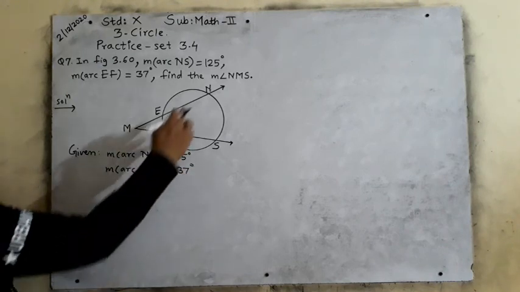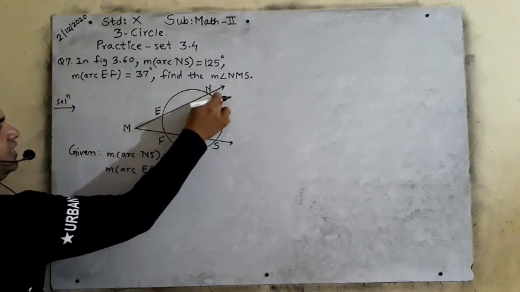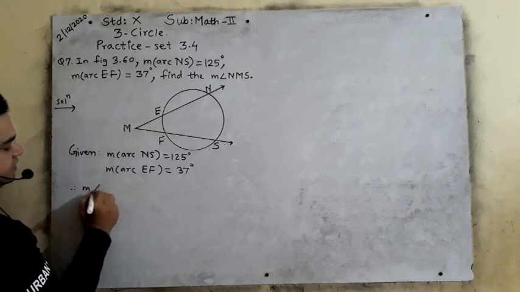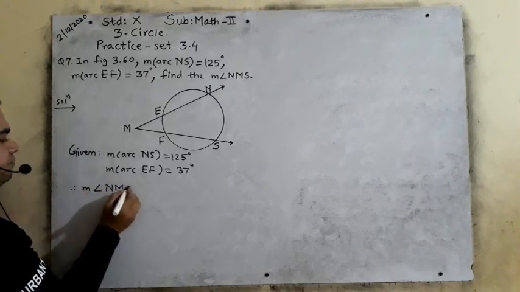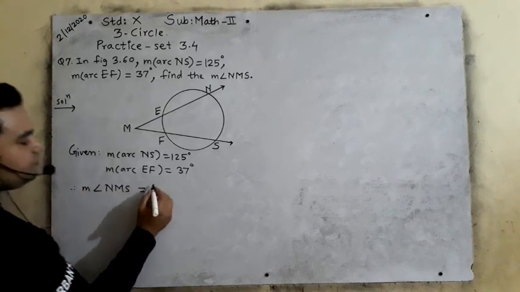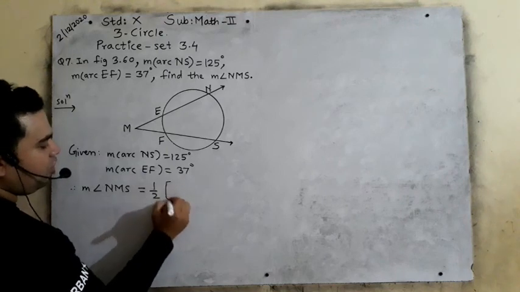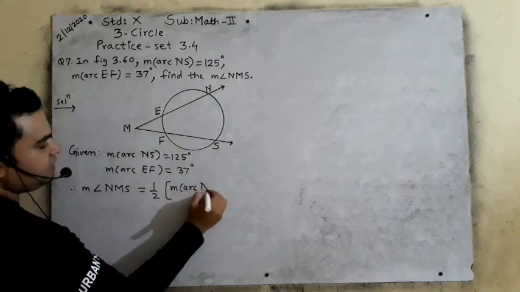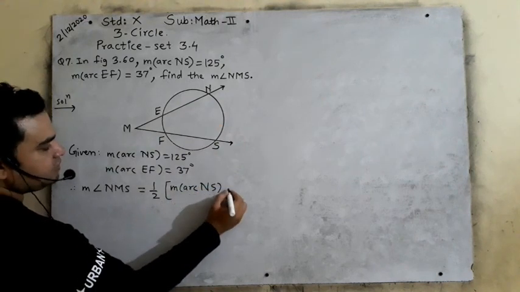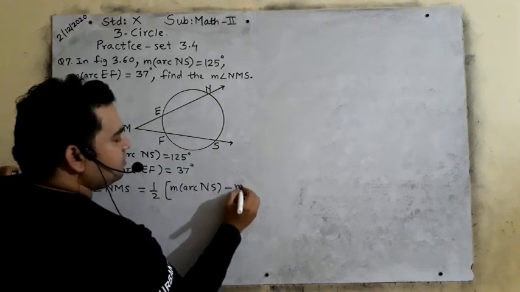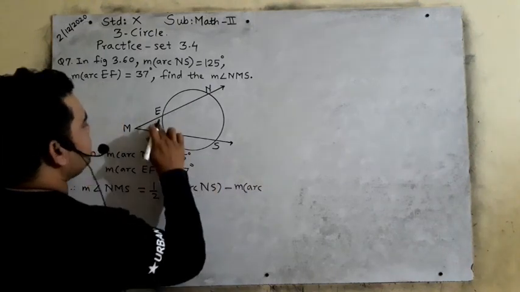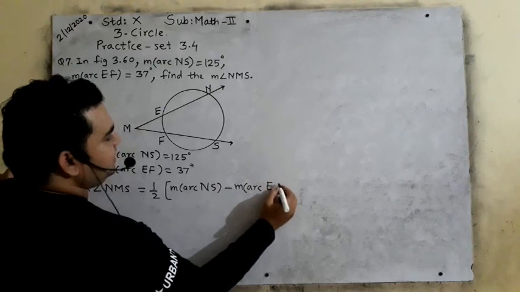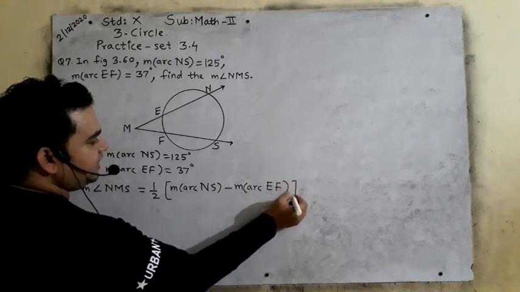And we have to find angle NMS. So we will write, therefore angle NMS is equal to half of (bigger arc NS minus smallest arc EF), bracket complete.